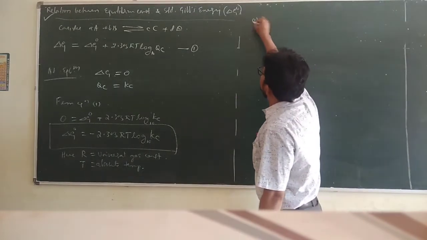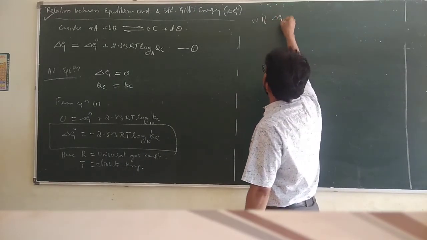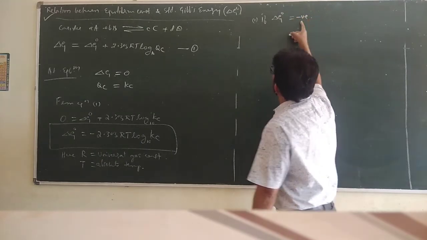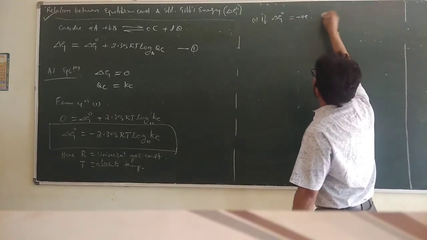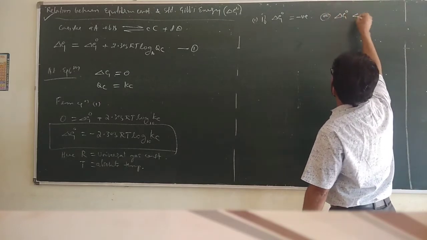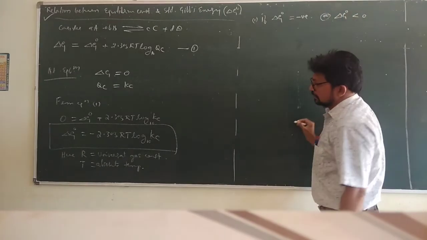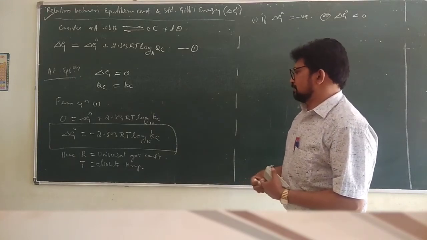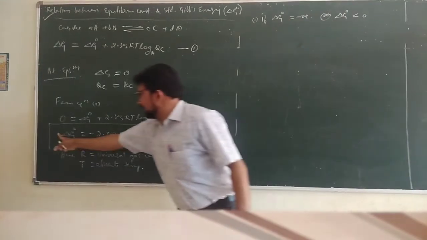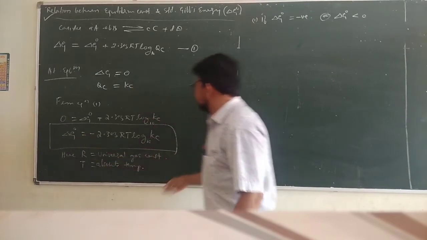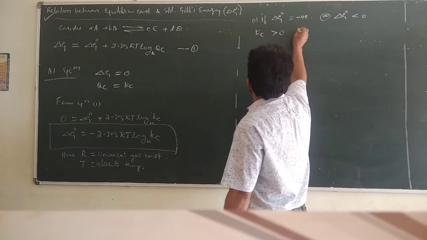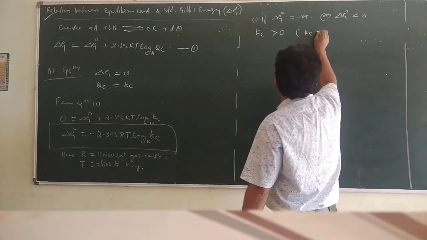If delta G naught is negative, that is, delta G naught is less than 0, then here it is negative and here also there is a minus sign.